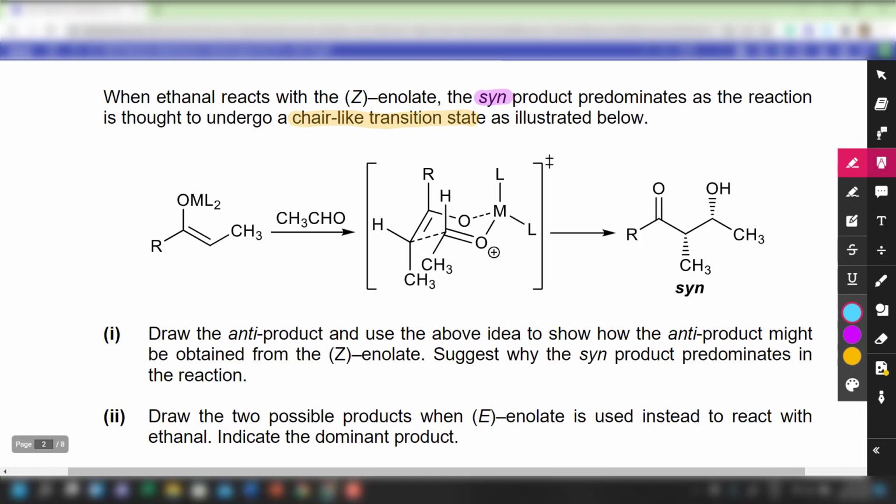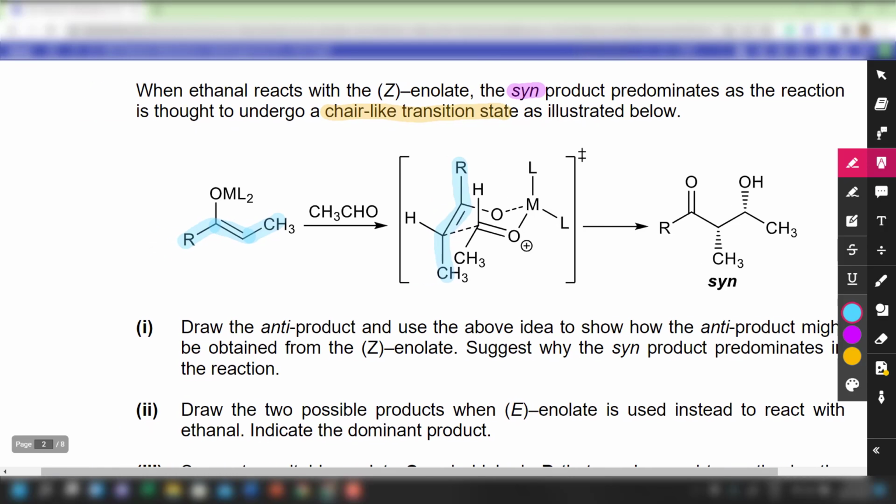You'll notice that the R group is trans to the CH3. That's very important, and being trans to CH3, it must also be shown in the transition state. This is of extreme importance to ensure that you draw the correct thing.